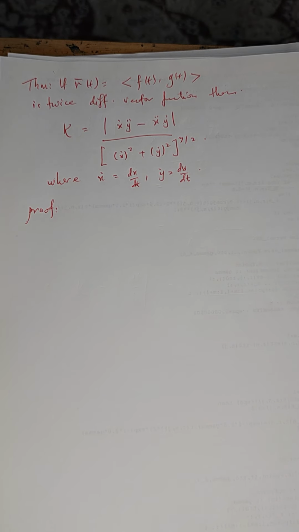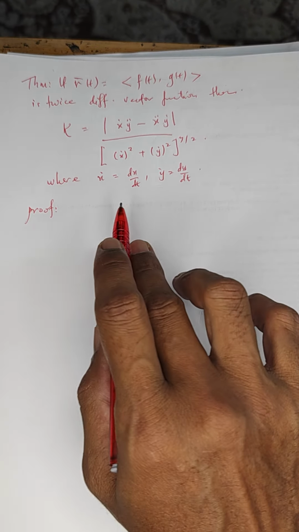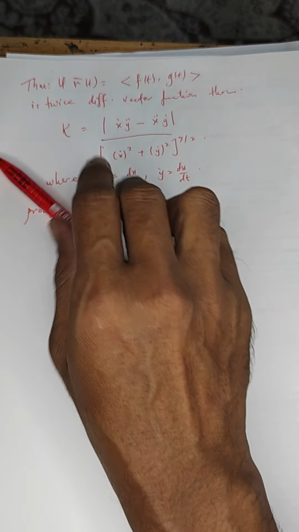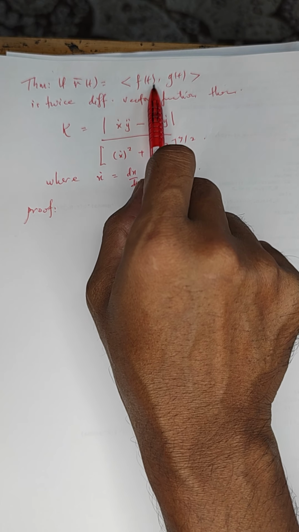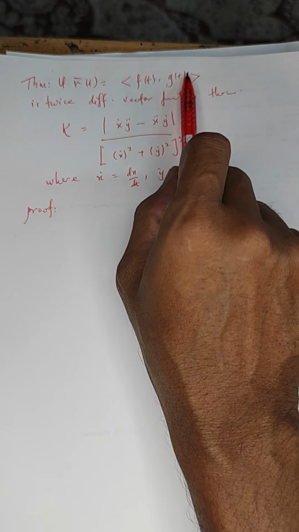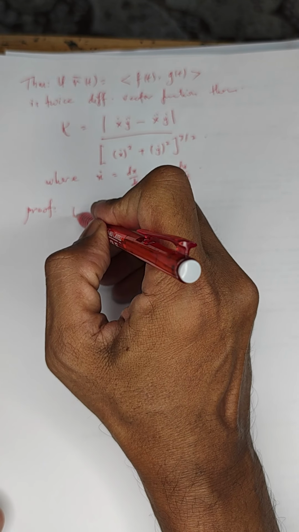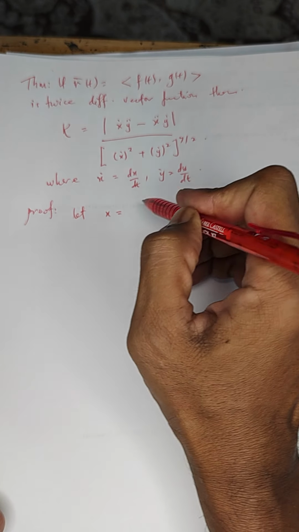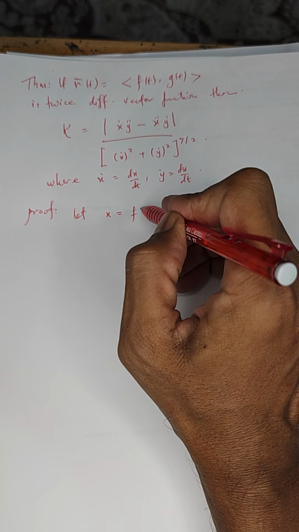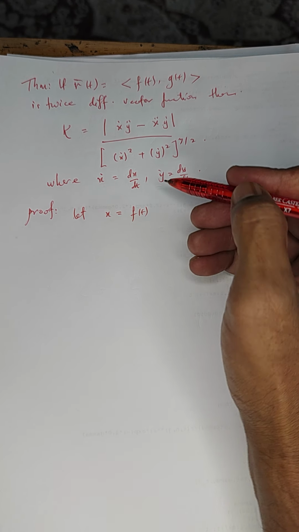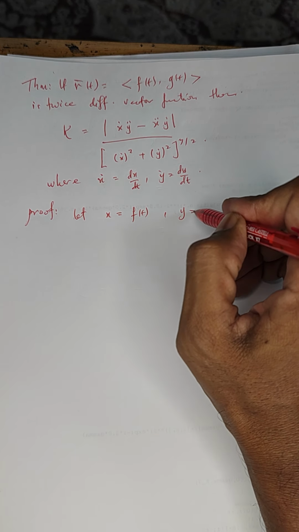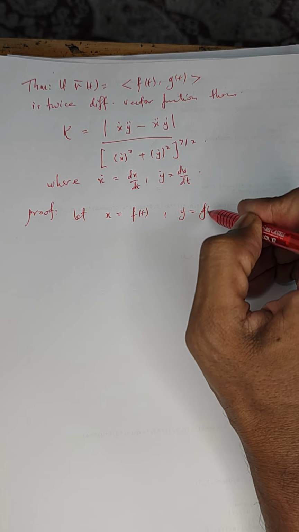So let me guide you halfway. I'm not going to do all of it, I hope. From the given theorem, this is the component for x, this is the component for y. So let x equal f of t, meaning x is a function of t, and y is a function of g.